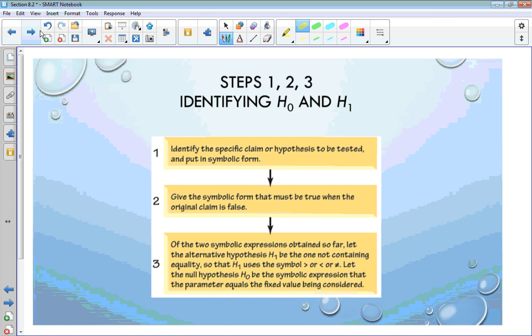Of the two symbolic expressions, we have to be able to recognize which is which. The alternative hypothesis has the symbol of greater than or less than or not equal to. The null hypothesis has the one with the equal sign. And again, it could be greater than or equal to, less than or equal to, or just plain equal to.